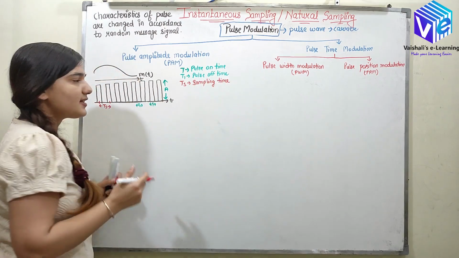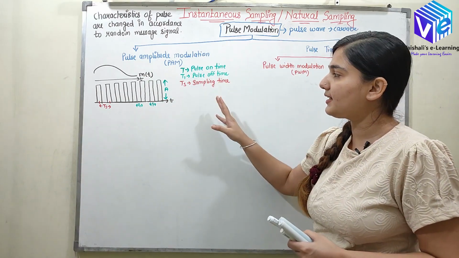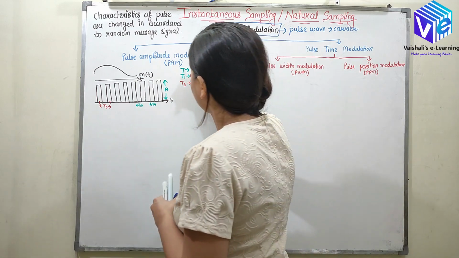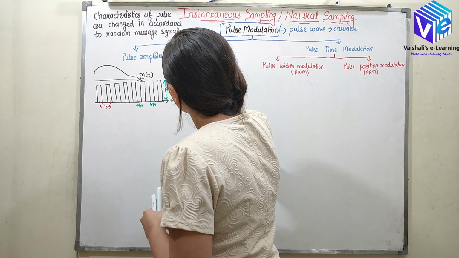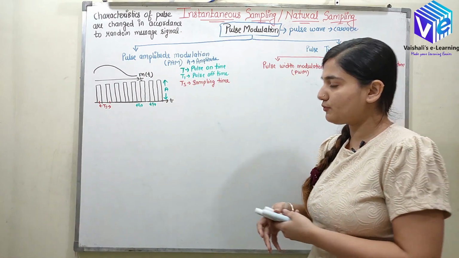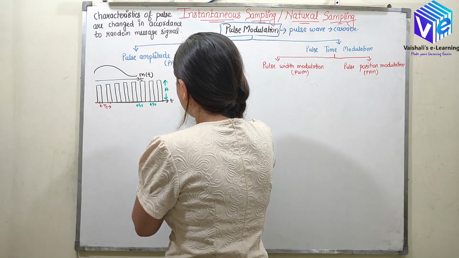Now these are some of the characteristics of the pulse. Now these characteristics are changed in accordance to the message signal. A was amplitude. So these characteristics of the pulse will change in accordance to the message signal. So let's see what is PAM.